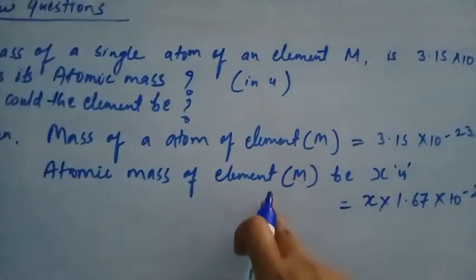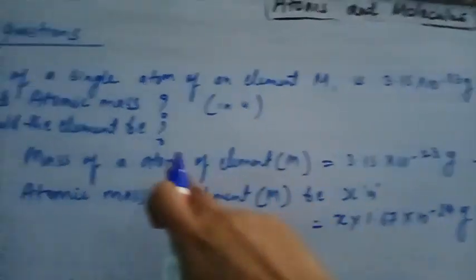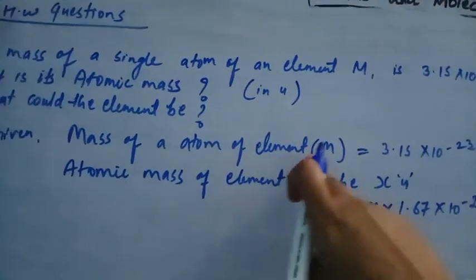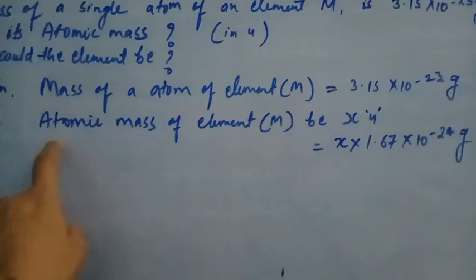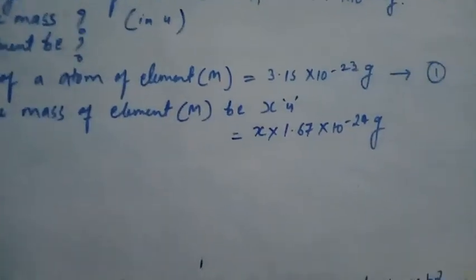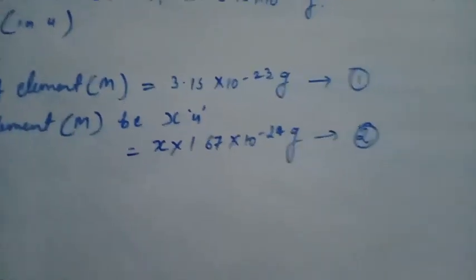Now we have got the atomic mass of the element in gram, and in the given data also the mass of an atom of the element is given in gram only. Mass of an atom of an element or atomic mass of an element, both are the same. So let's say this is equation 2.